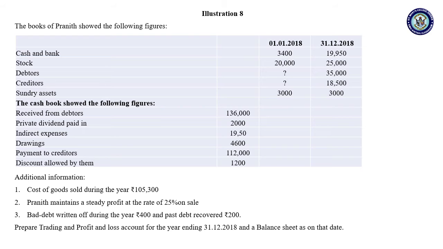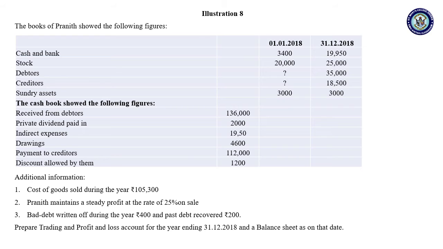Any provision or reserve, any bad debt recovered will not come in your debtors account, but everything will come in your P&L account. Bad debt recovered means that is income, so you have to credit it to the P&L account because that is your income.